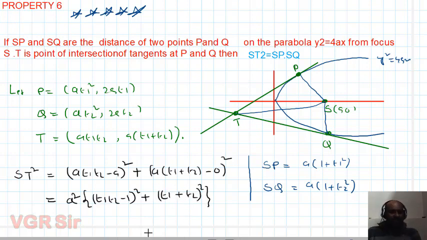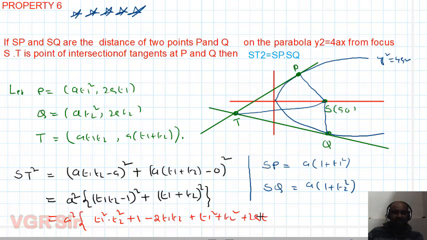Now I want to simplify this. Here a square into t1 square t2 square plus 1 minus 2 t1 t2 plus t1 square plus t2 square plus 2 t1 t2, close the bracket.